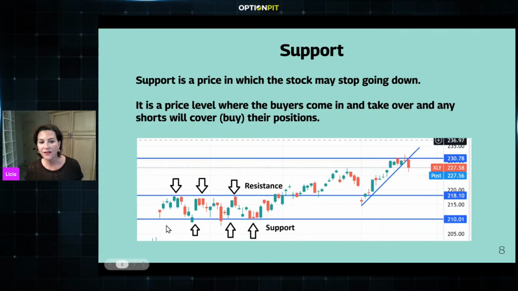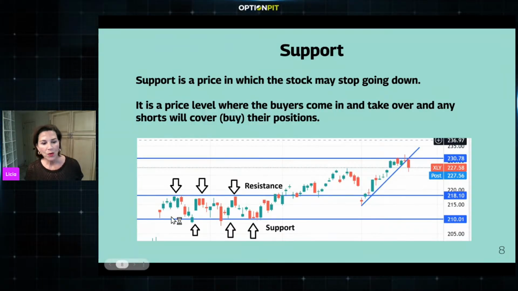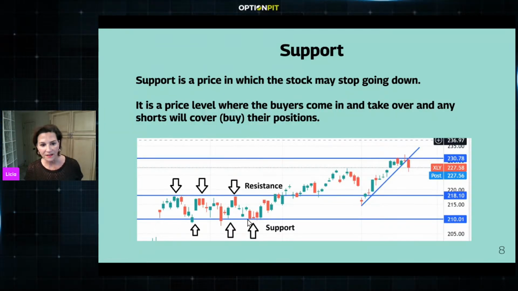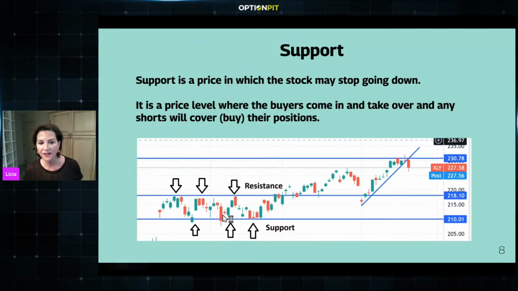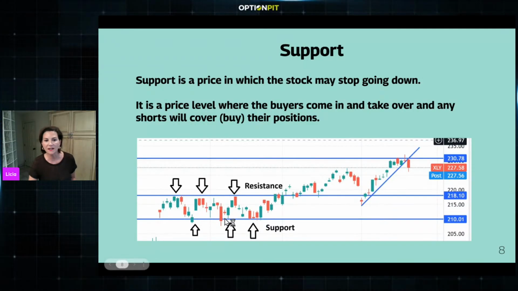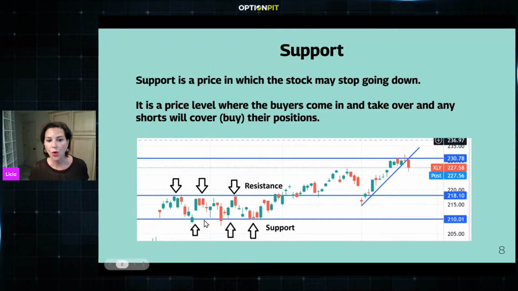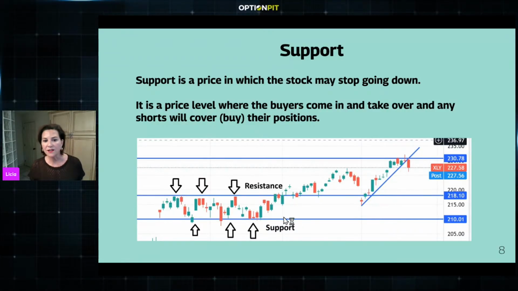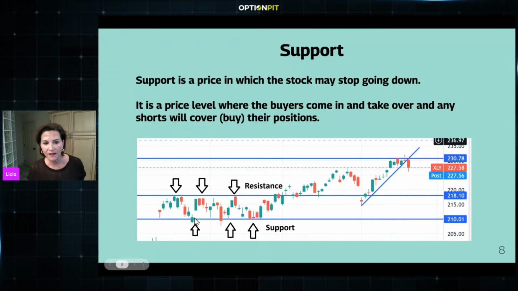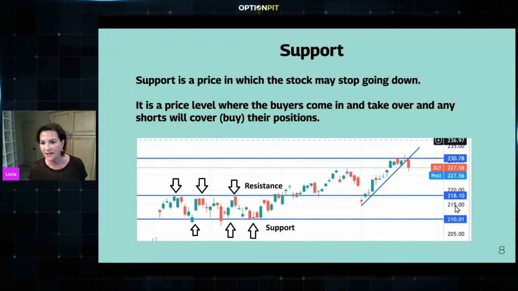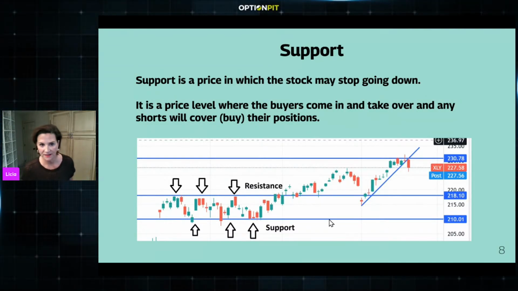It held that level. Once you see that happen 2, 3 times, it's pretty safe to feel like, oh, this stock is going to bounce from here. It's going to hold this support level. I can make a trade from here. And if you were in this trade, you had several times you could make $8. The resistance is up at 218.